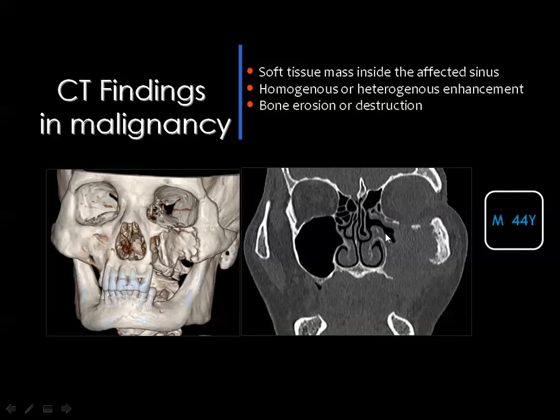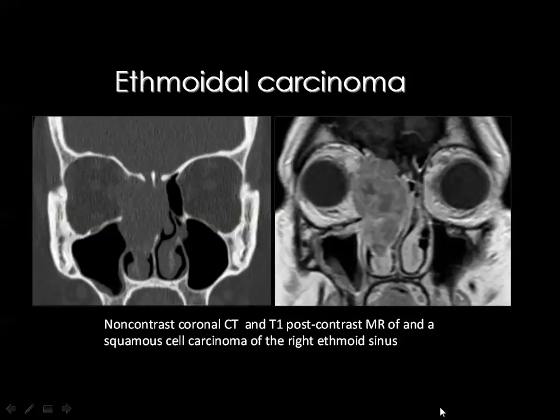And you see a soft tissue mass centered in the maxillary antrum with destruction of the orbital floor, the inferior wall of the maxillary sinus, the hard palate, and part of the zygoma. And this is nicely presented in this 3D reformatted image. And it's an ethmoidal carcinoma by CT and MRI.